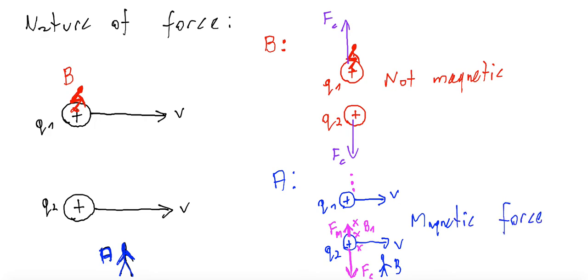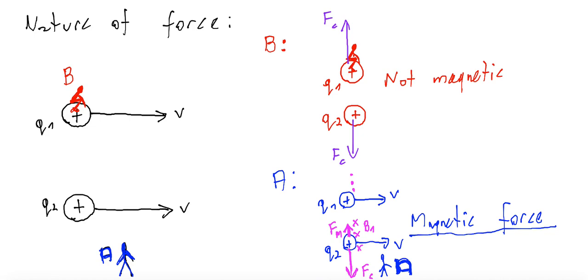Okay, so what is the conclusion? The conclusion is that the type of force, or existence of magnetic force, depends on the frame of reference. In one frame of reference, the observer I was talking about, this is of course observer A, because probably I used the word B at last. This is observer A, of course. So again, what is the conclusion? That existence of magnetic force depends on the frame of reference, depends on the point of view.